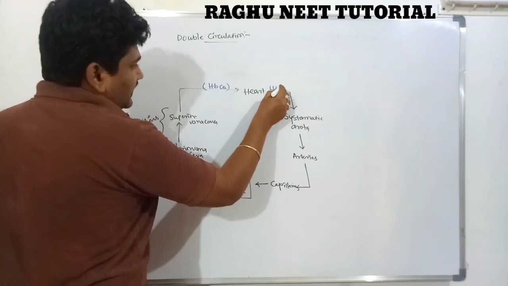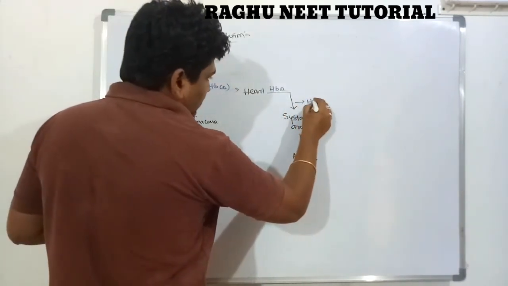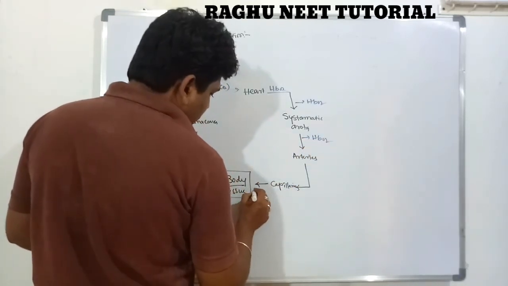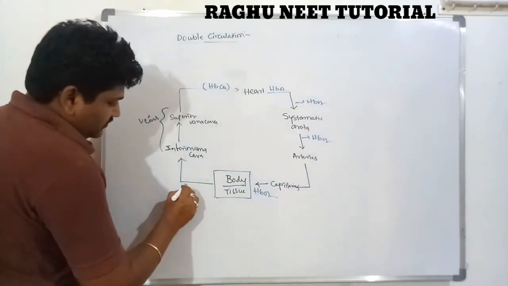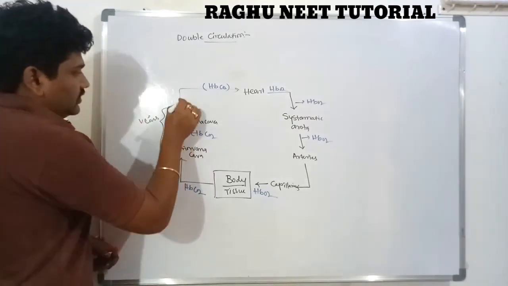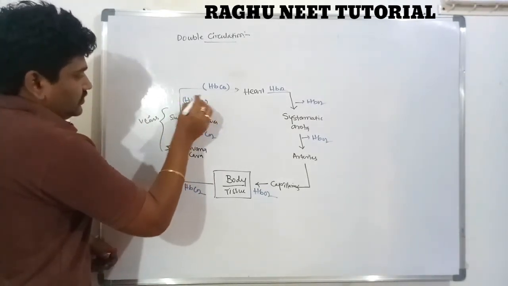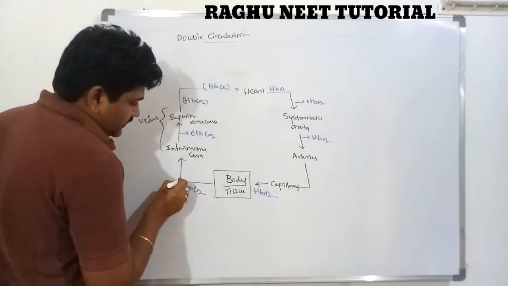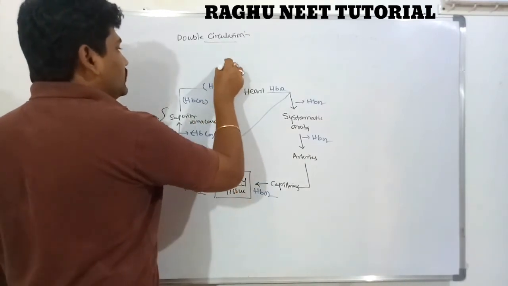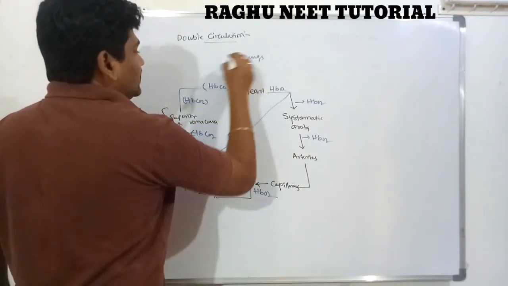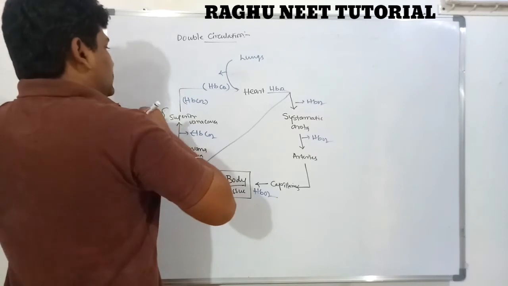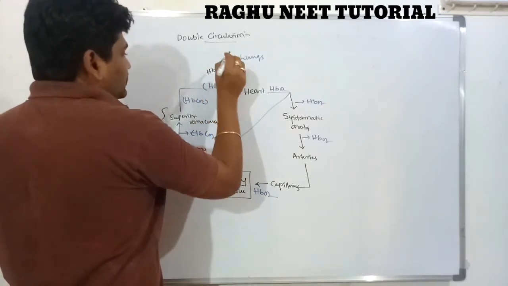The oxygenated blood. So this is known as the deoxygenated blood. So the deoxygenated blood goes from the heart to the lungs. Carefully, deoxygenated blood.